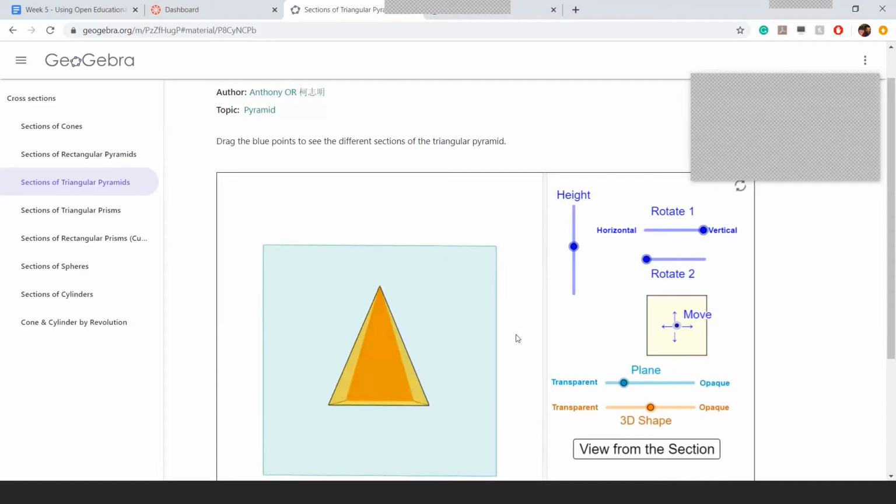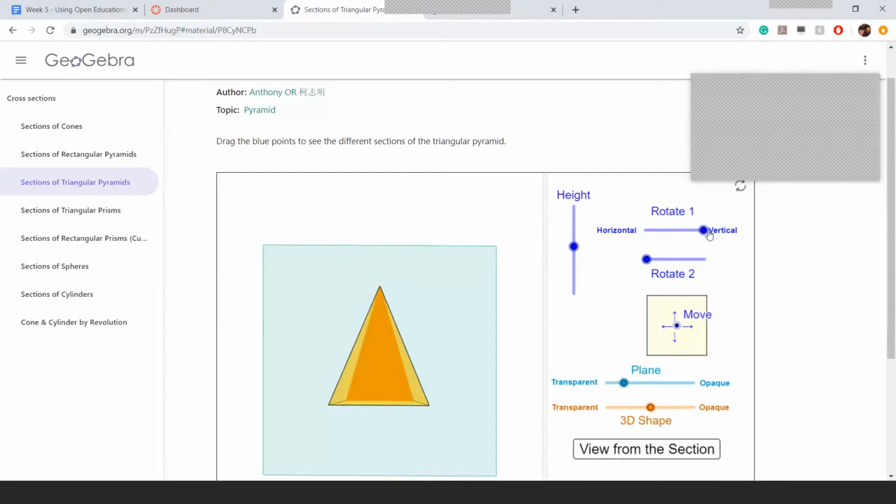Again, my sides are triangles, so I should anticipate my cross section for vertical to also be a triangle. So far I have two of the same answer. If my horizontal is a triangle and my vertical is a triangle, I'm going to assume right now that my diagonal will be as well.